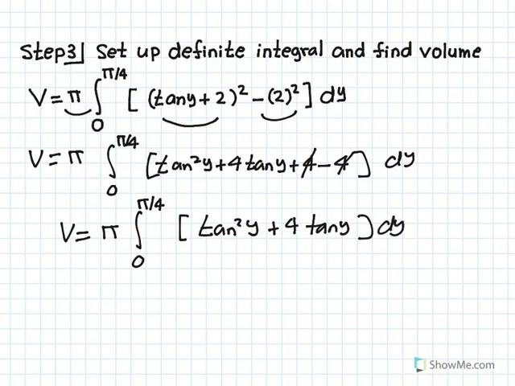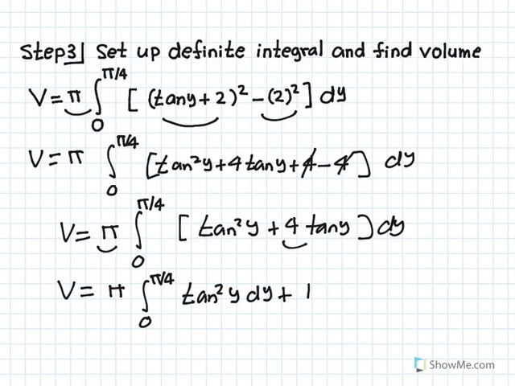All right, so now let's split up the integrals and integrate term by term. So pi times integral from 0 to pi over 4 tan squared y dy plus pi times 4, we get 4 pi. 4 is a constant, passes through the integral. We're splitting up the integrals and doing them piece by piece: 0 to pi over 4 tangent y dy.